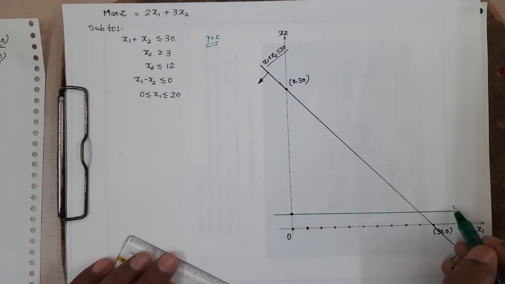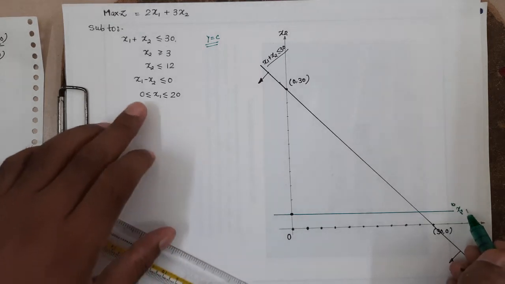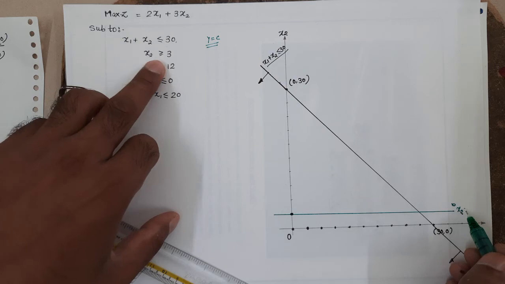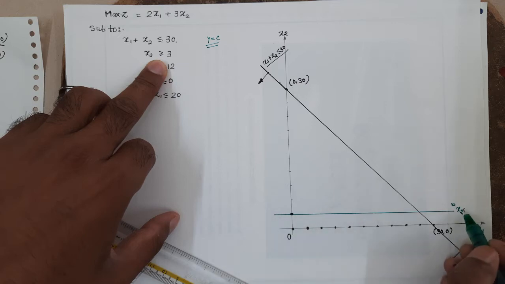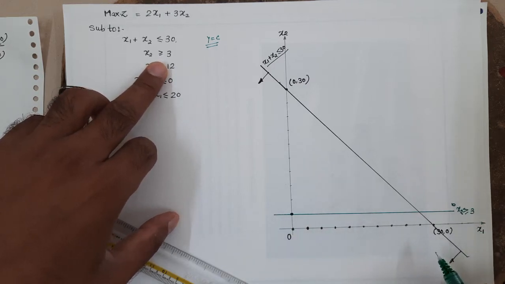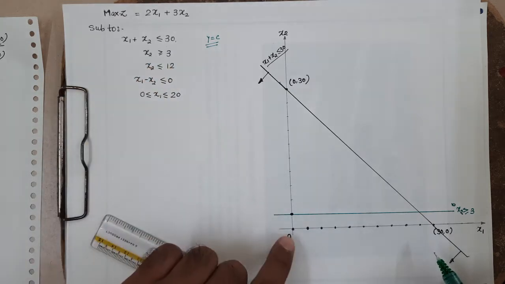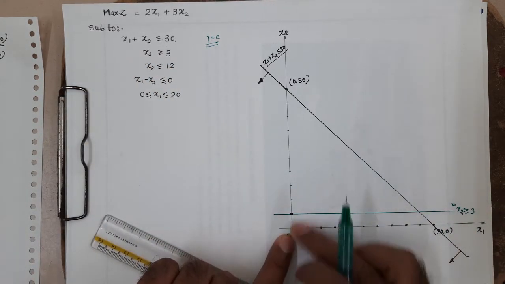This is your line x2 equal to 3, but its nature is greater than or equal to. So if it is greater than or equal to 3, where will your feasible region be? The region will be away from the origin.